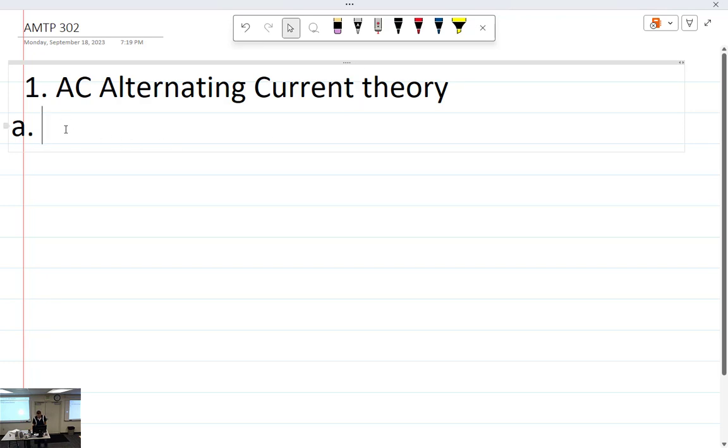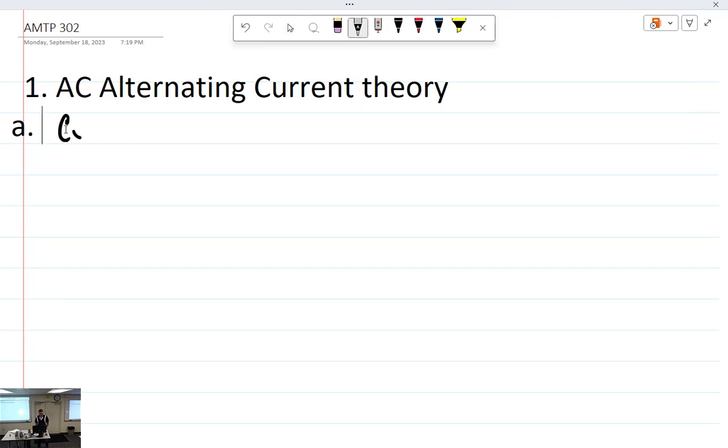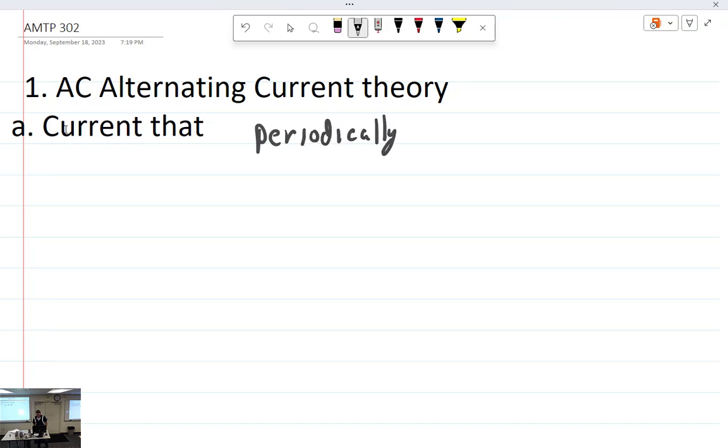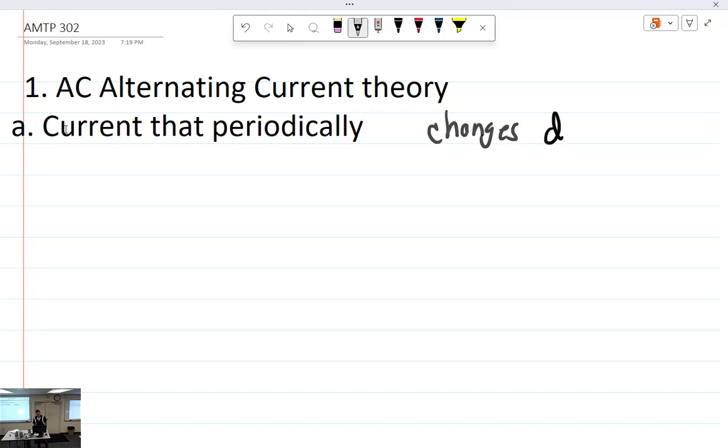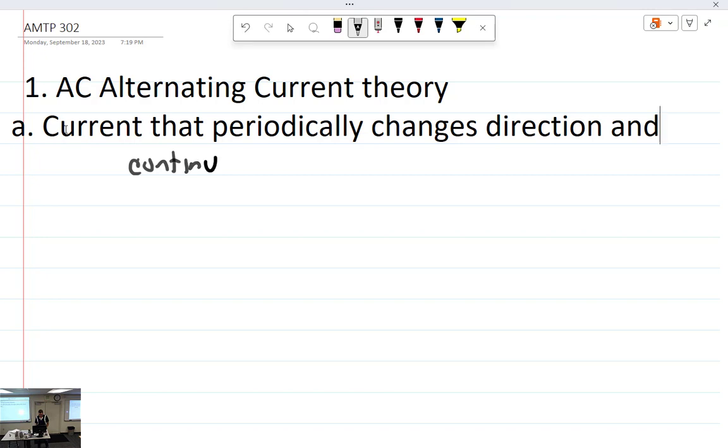All right. Point number A. Current that periodically changes direction and continuously changes in amplitude.